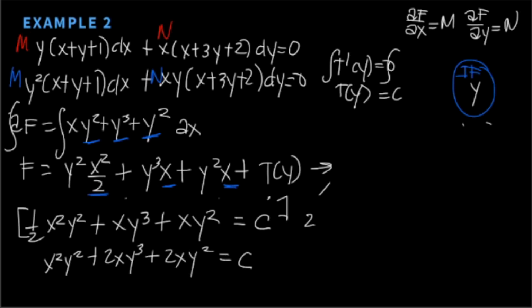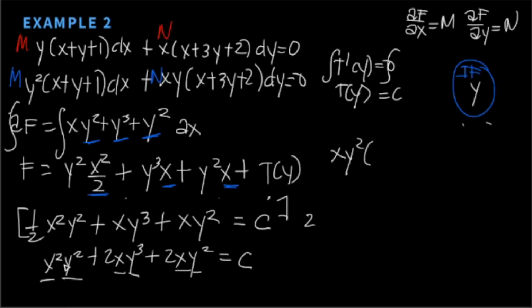So, may common sa kanila na x. So, labas natin siya dyan. Erase ko lang to. Magiging x. Tapos, may common din na y squared. So, y squared. So, ilabas natin siya.